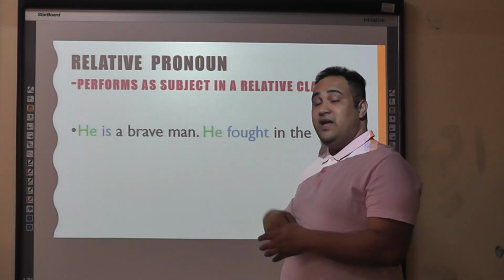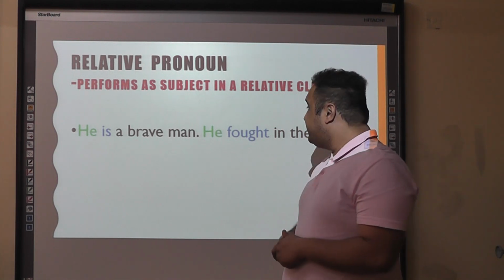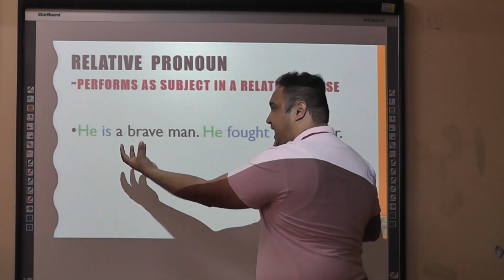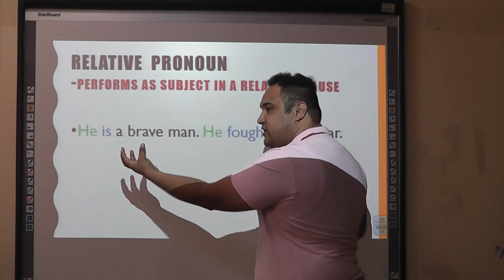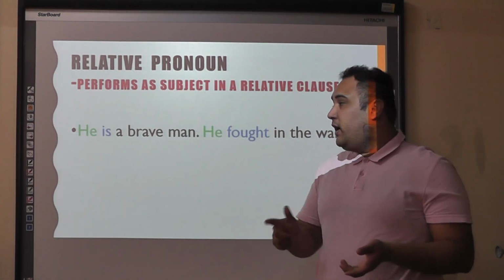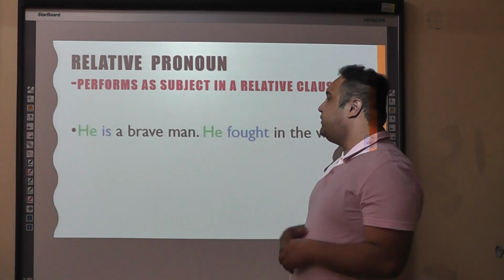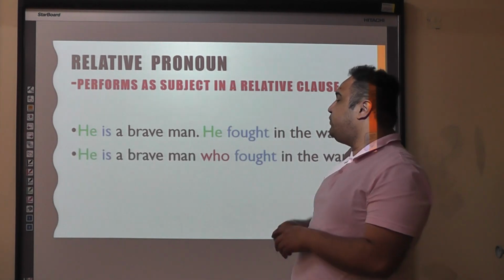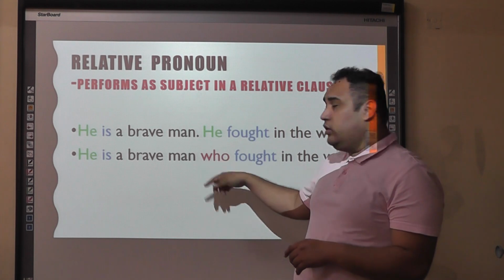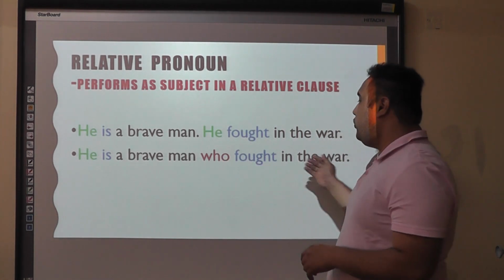Fought is a verb, he is the subject. Now the thing is, they have their own subjects, and they have their own verbs. But if we put them together using a relative pronoun, we say he is a brave man who fought in the war.